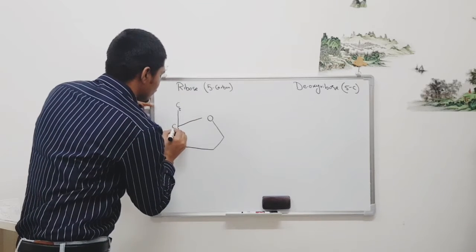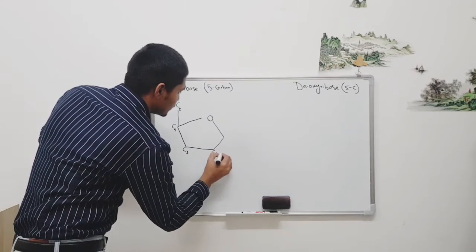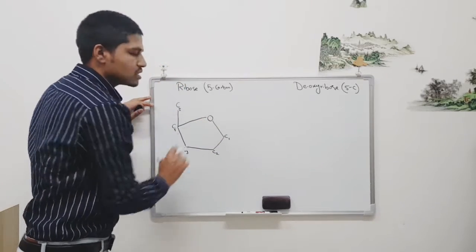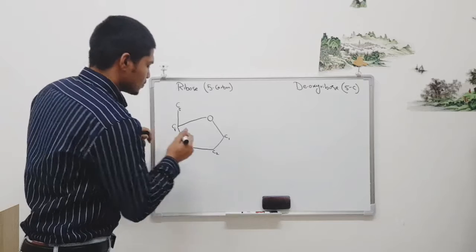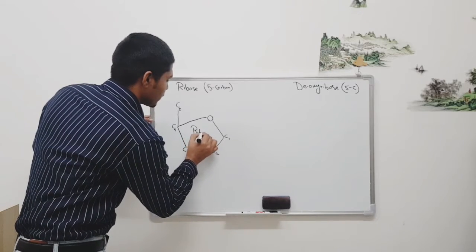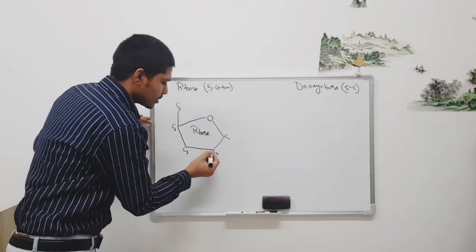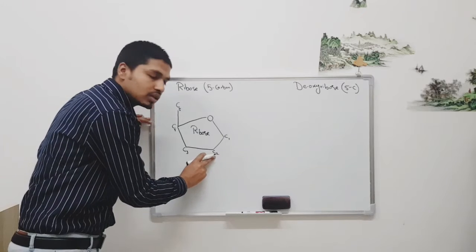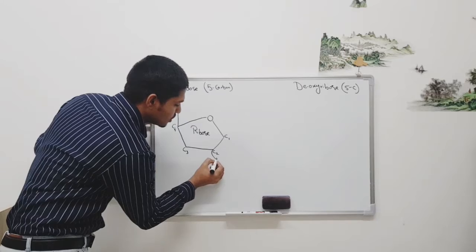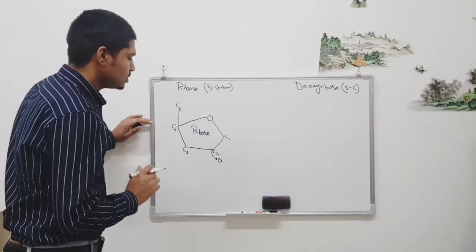This is the ribose. Just look at this: on carbon number 2 of the ribose, there is an oxygen molecule.